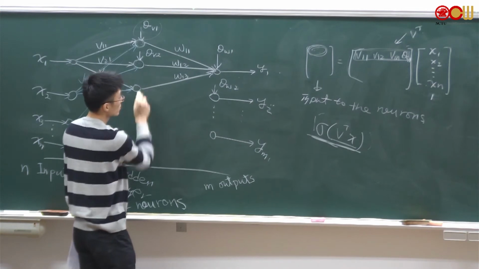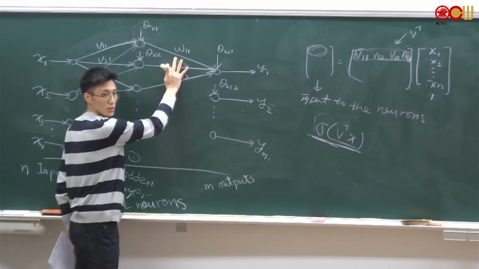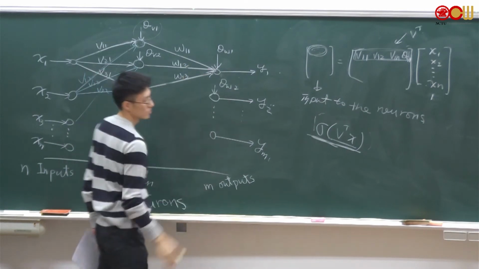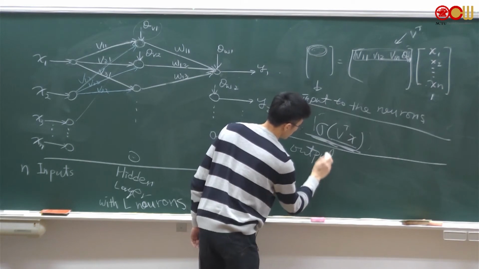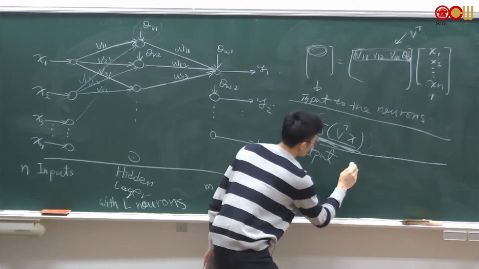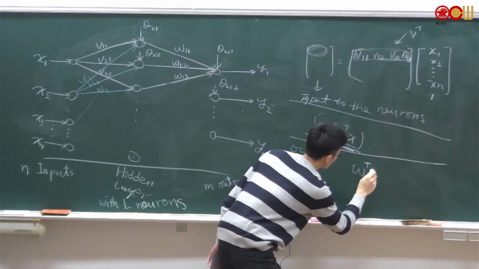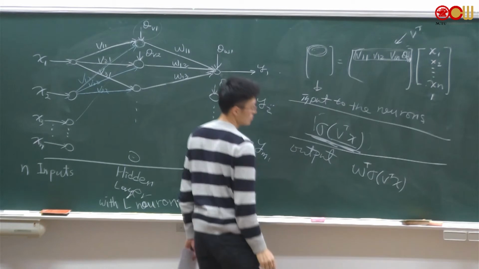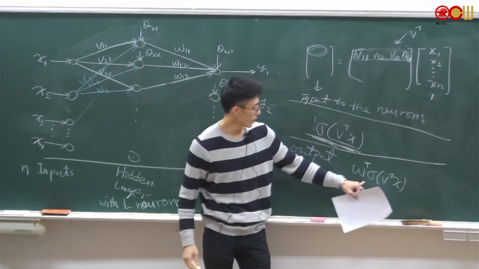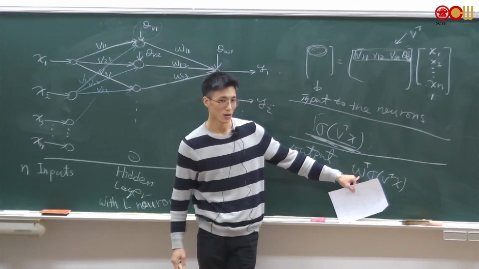The output from the neuron will again combine with the weighting matrix W and give the output. From the output, this guy should times W transpose, another weighting. The output of the neuron times the second layer weightings will generate the output, which is from Y1 to Yn.